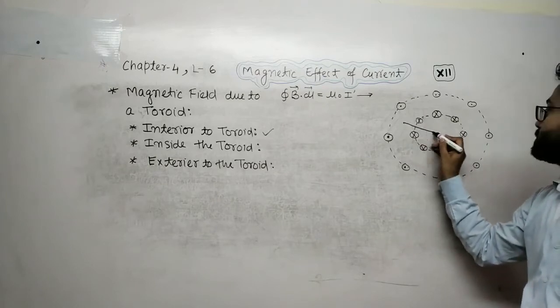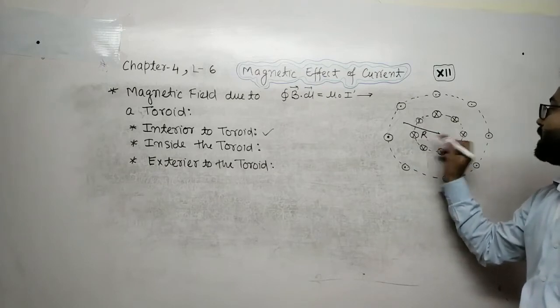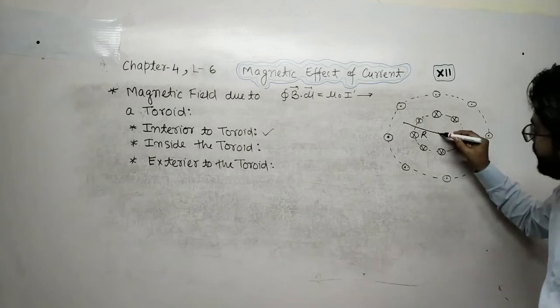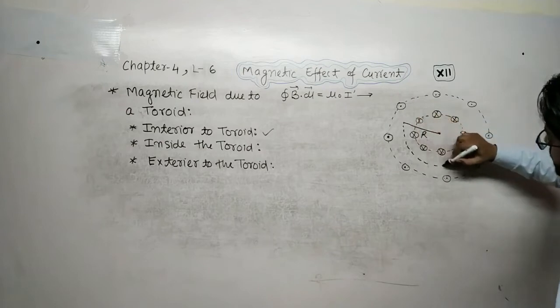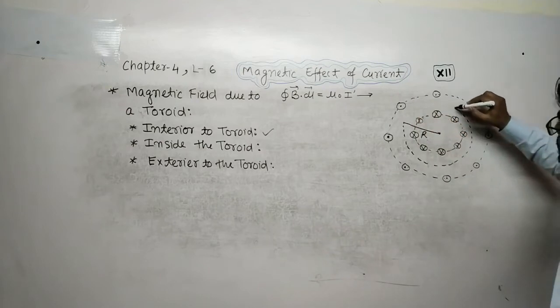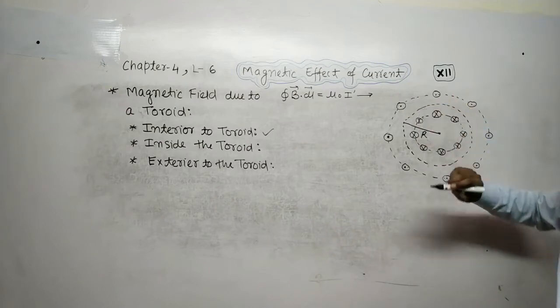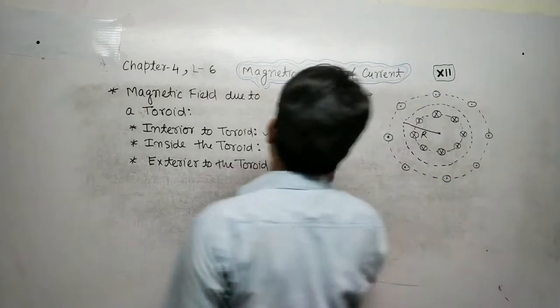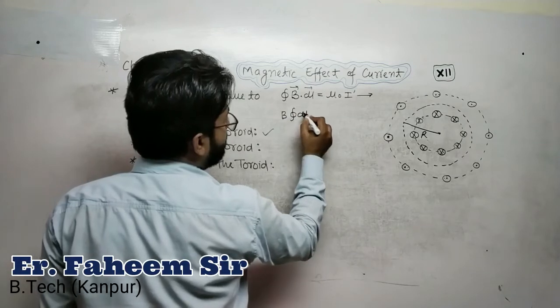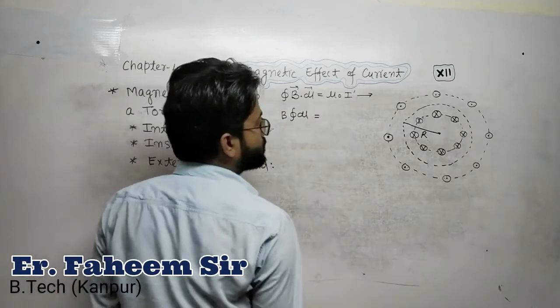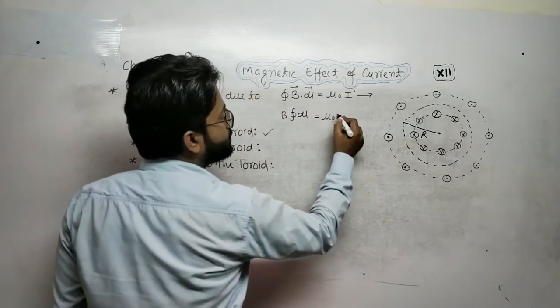This distance is, let us suppose, capital R, and draw an Ampere's circuit. This is the Ampere's circuit. Okay, you know that magnetic field is constant. B times the line integral of dl is equals to mu naught times net current.